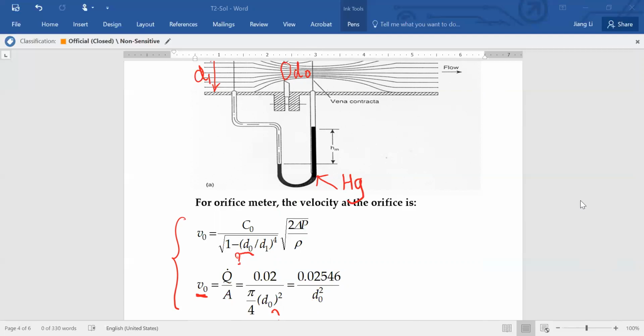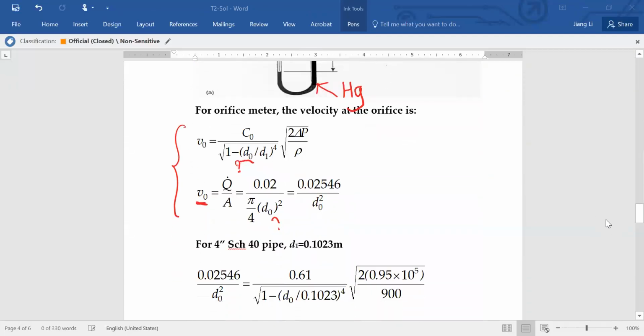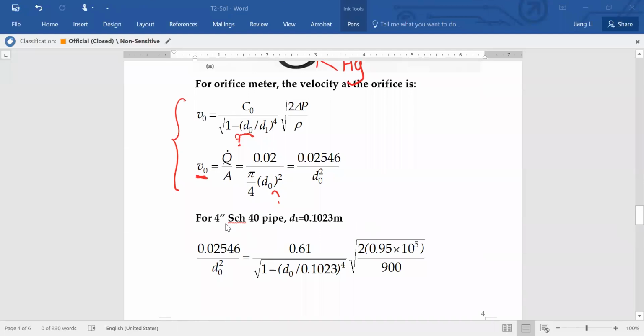Okay, so from here, you can write the equivalence. Then the 4-inch Schedule 40 pipe, you can use the pipe table to find the D1 is 0.1023 meter. This is a pipe inside diameter, okay? Then from the above two equations, you can write a balanced equation. Both sides, DO is unknown.